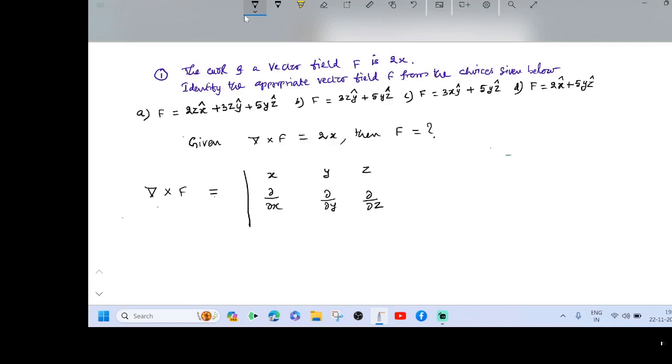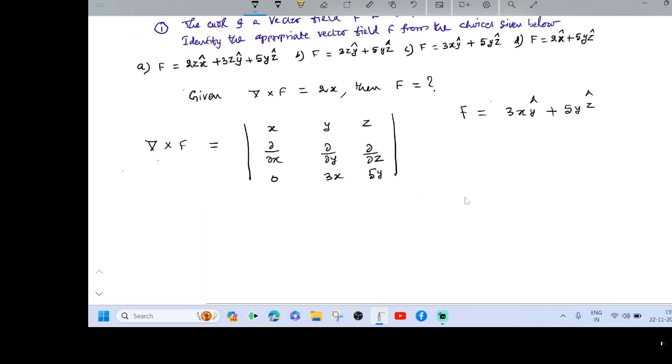If you select option C, here the x component is 0, then the y component is 3x, z component is 5y. Here we have taken f is equal to 3xy plus 5yz. We have to verify whether it is correct or not.